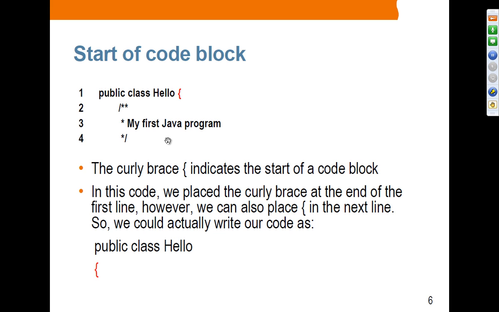So in class, all your Java code has to be part of your class. Okay, so this starting curly brace indicates you are starting your first Java code. This curly brace could be on the next line or on the same line. Okay, so typically the convention is using this starting curly brace on the same line as your class declaration.